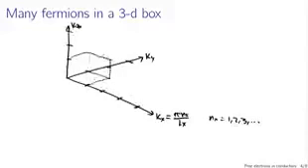where these things all intersect, when I have an allowed value of kx, an allowed value of ky, and an allowed value of kz, I have an intersection point there. That means I have an allowed quantum state here for nx is 1, ny is 1, and nz is 1. I, of course, also have an allowed quantum state out here, where nx is 2, ny is 1, and nz is 1.